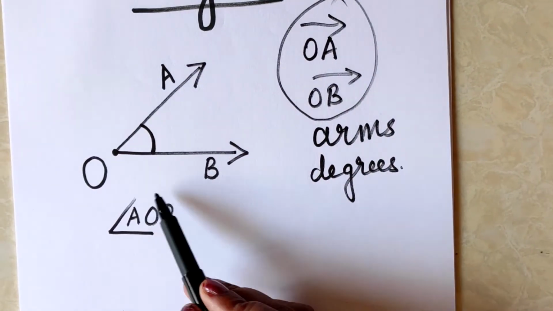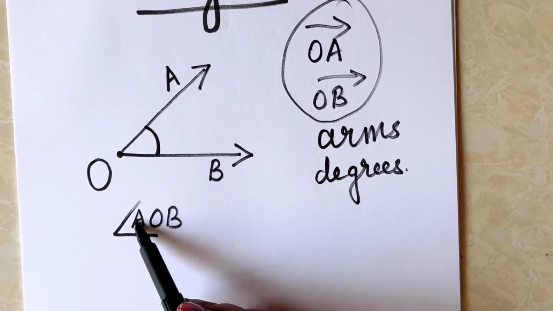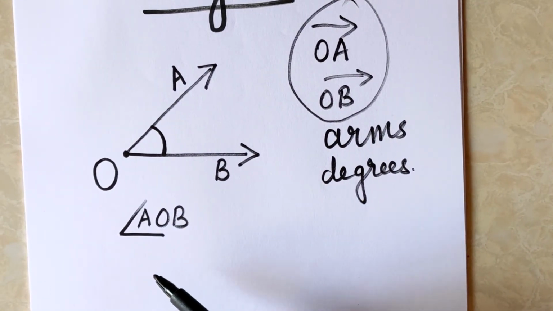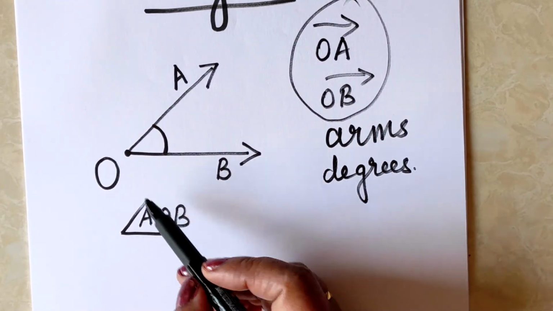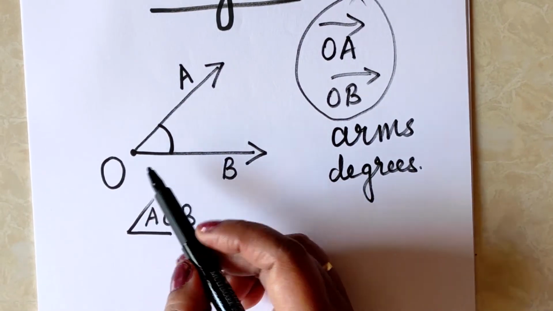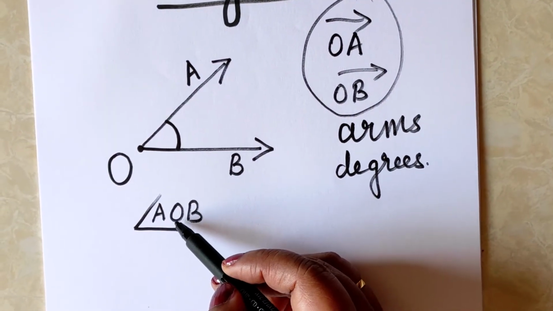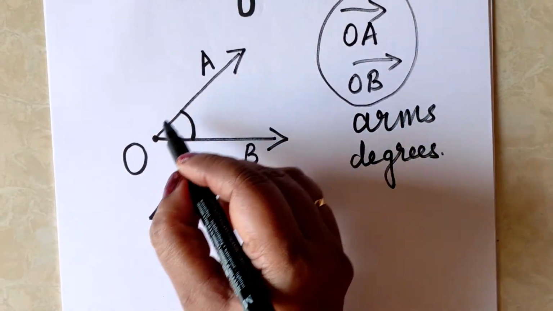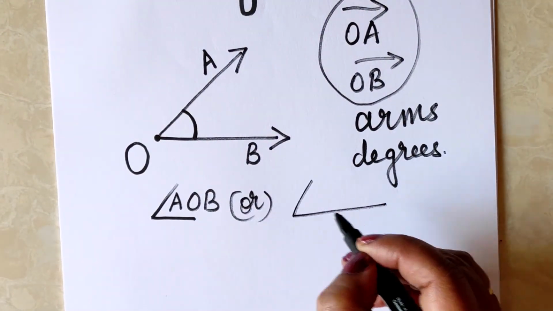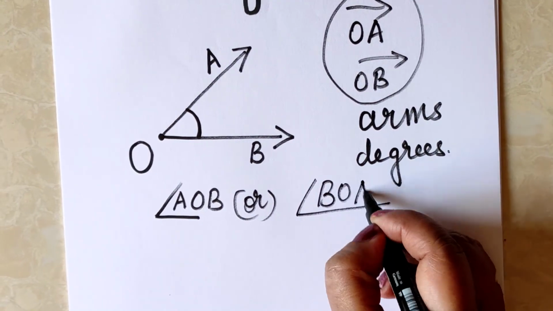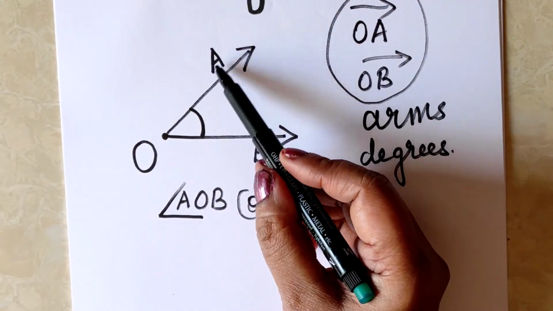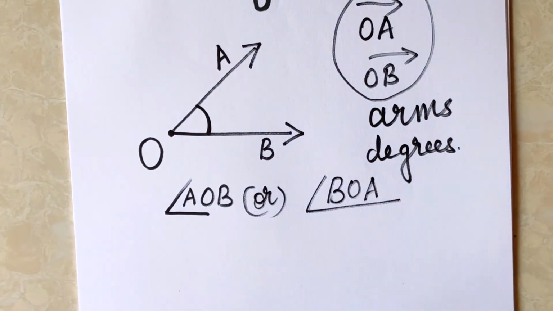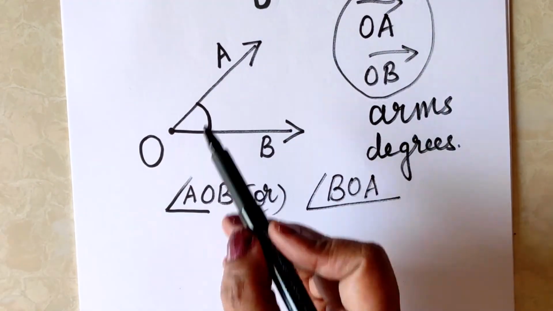But for reading the angle, you have three vertices, and the middle one is always the vertex, which should be in the center only. Or I can also read this angle as angle BOA. Either angle AOB or angle BOA. This is the way of reading an angle.